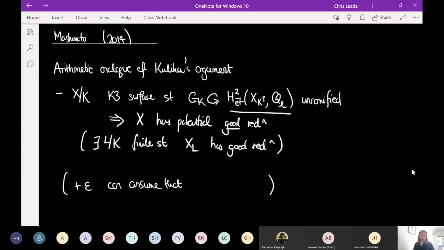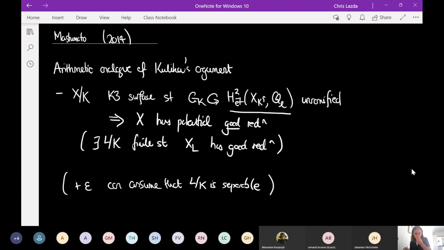And actually, with just a little bit extra work, you can in fact assume that this finite extension is separable. I mean, this is only interesting if you're working in equicharacteristic p, but you can do it.